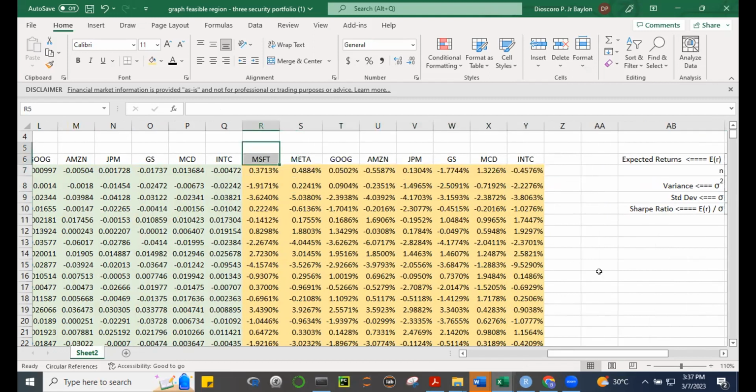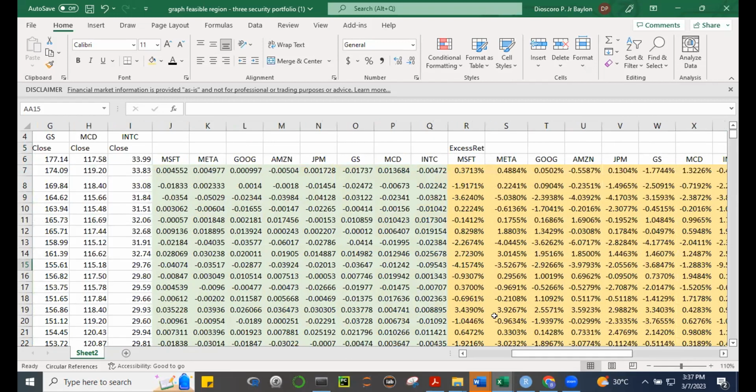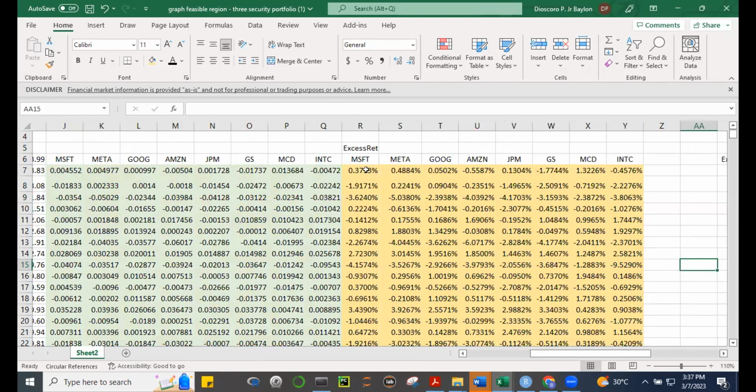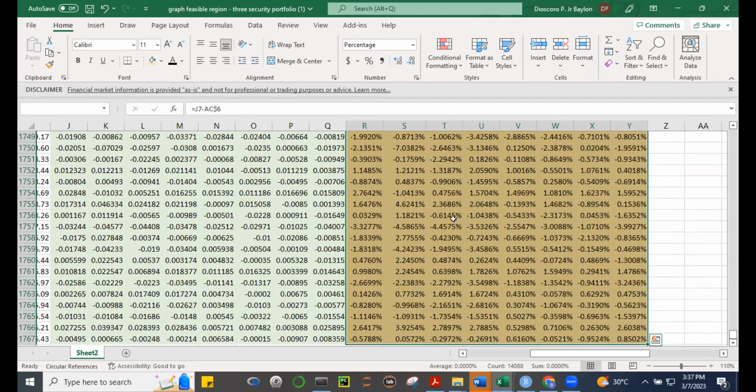I'll call it excess ret, excess returns, because we're subtracting the average returns from the returns. Let me highlight all these values and give it a name. I'll just call it X ret, excess returns. Enter.